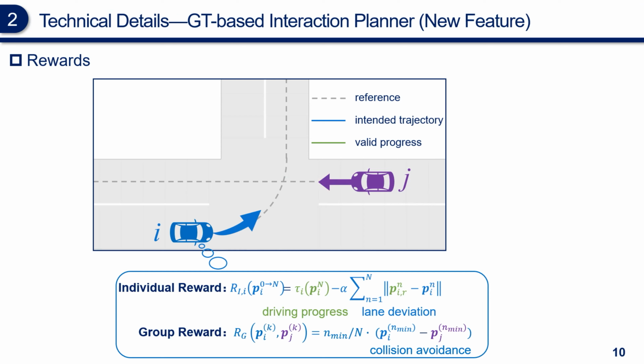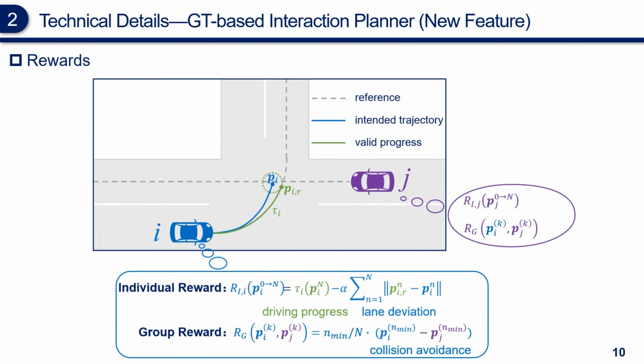And the group reward is set to ensure safety, though we didn't set any hard constraint for collision avoidance. The individual and group rewards together comprise a utility function, and we assume the interacting vehicles share the same reward terms, but could differ in the weights.